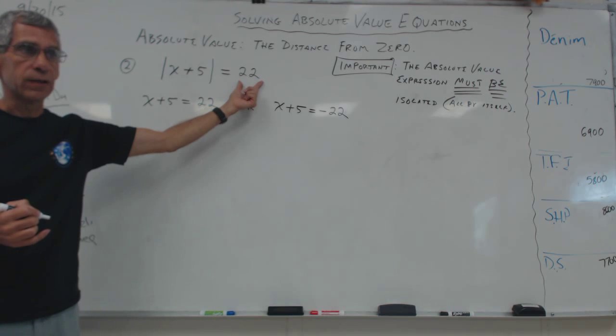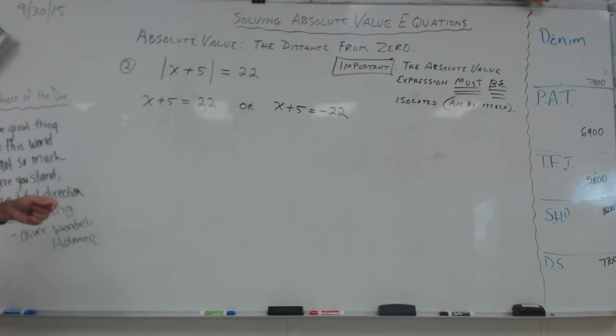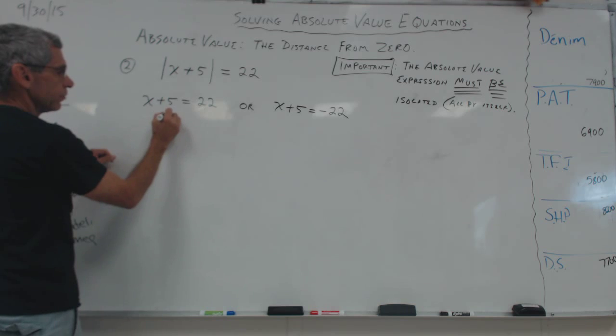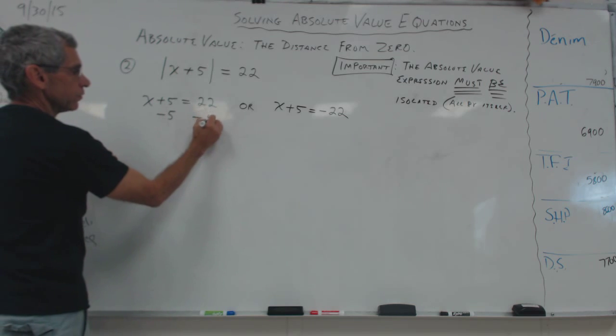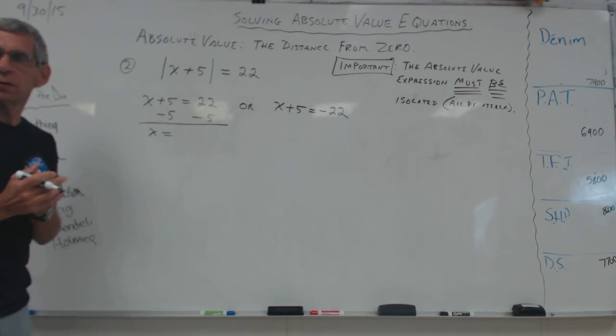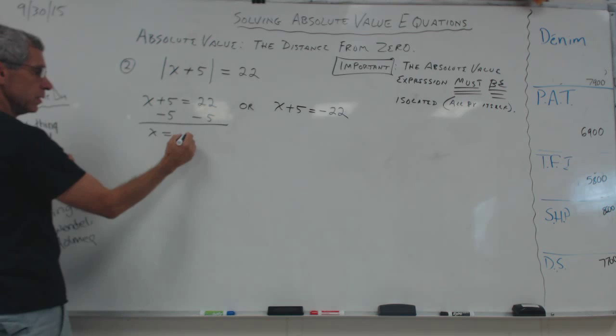Okay, you with me? Does that make sense to you, Sarah? Yeah, I did it wrong. So now let's solve it. We've got minus 5, so x is equal to what? What's 22 minus 5? 17.